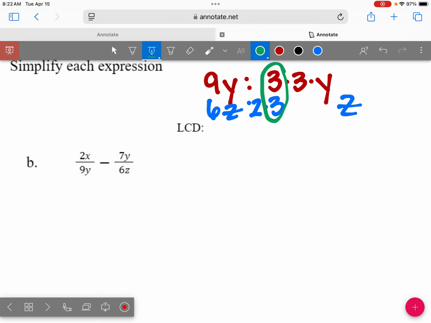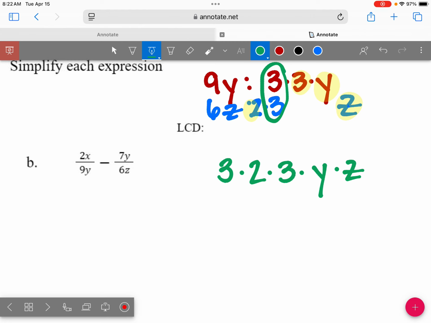So my LCD is going to have that 3. And then it's going to have everything else that I didn't circle. It's going to have a 2, another 3, a y, and a z. So I have to put all of that together because they don't have those things. So I got to put a 2, another 3, a y, and a z.